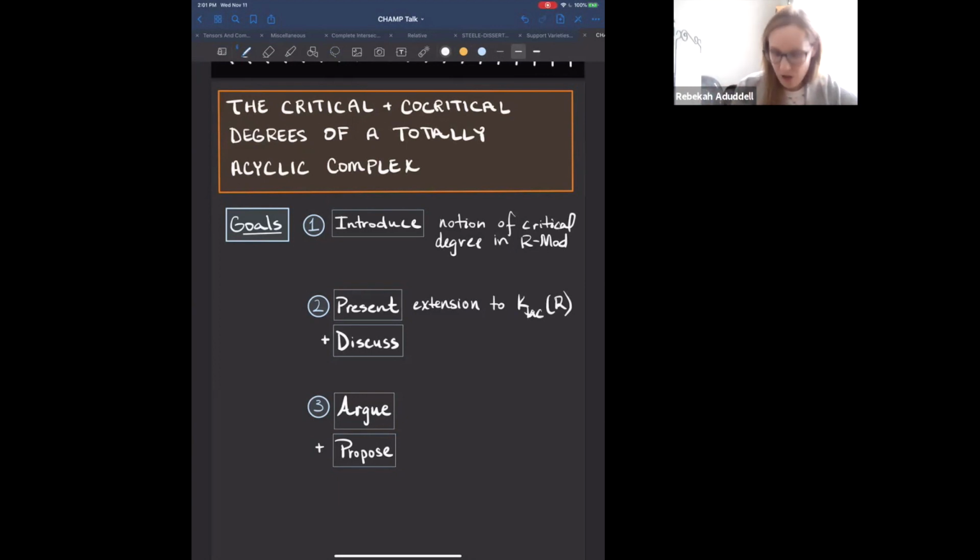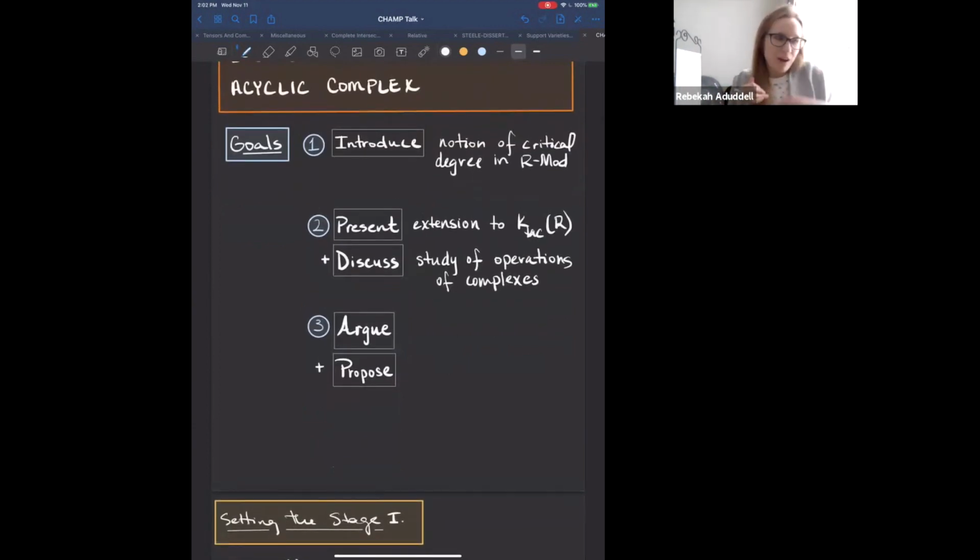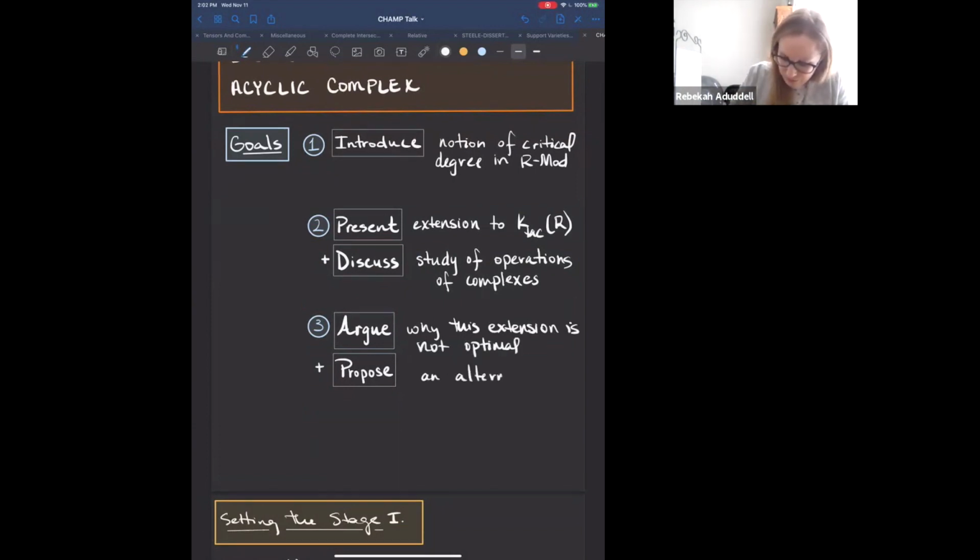Additionally, I'll briefly discuss my study of how this extension behaves under operations of complexes. And third, towards the end of my talk, I would like to argue why this extension is actually not optimal, and then propose an alternative definition.